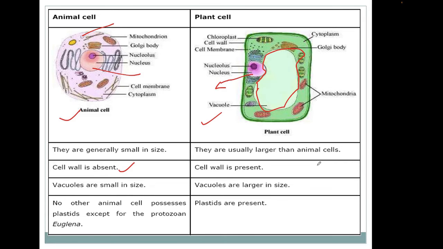Then the nucleus. In the animal cell, the nucleus is present at the center of the cell. We can see this is the nucleus. This is the animal cell structure. In the center of the cell, the nucleus is present. But in the plant cell, the nucleus is present along the periphery of the cell. You can see the nucleus present along the periphery of the cell.